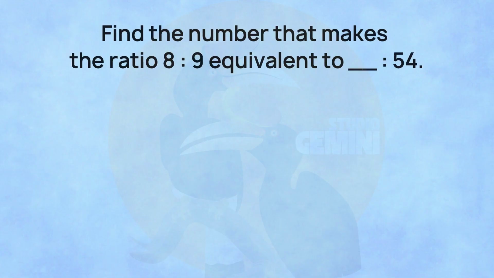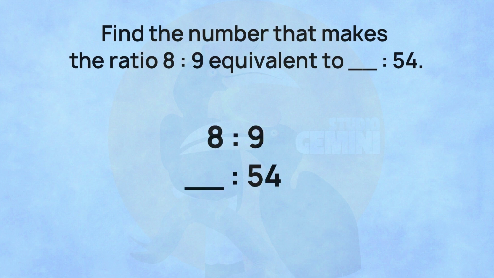In our next example, we are asked to find the number that makes the ratio 8 to 9 equivalent to the ratio blank to 54. To do so, we can start by lining up our ratios and then comparing the corresponding values that we have. In this example, we know the right sides of both ratios, 9 and 54.